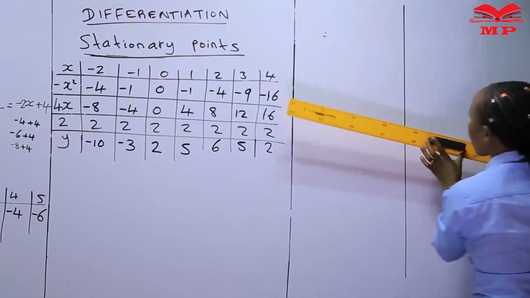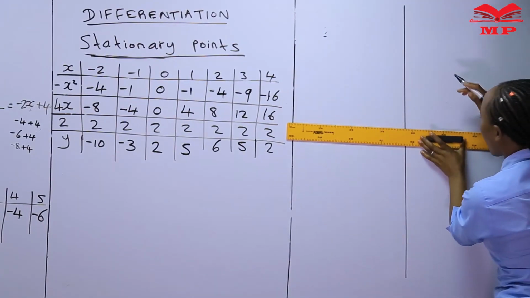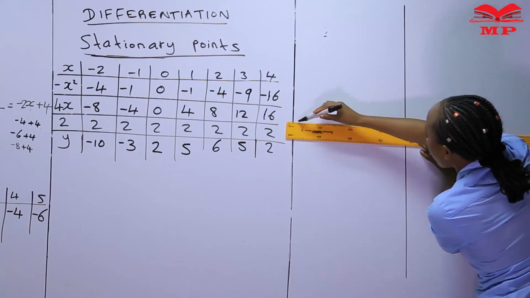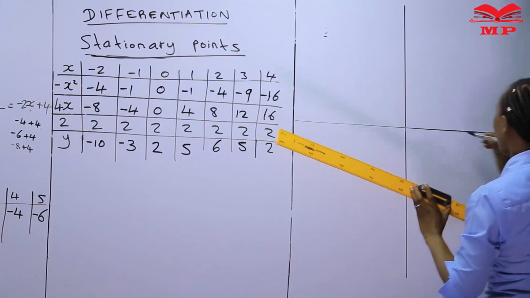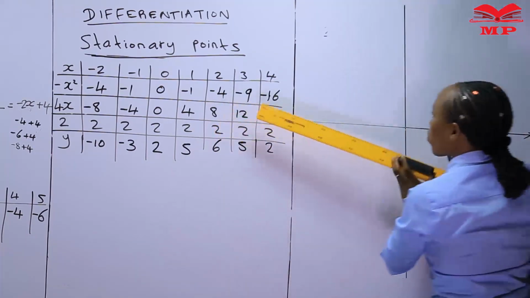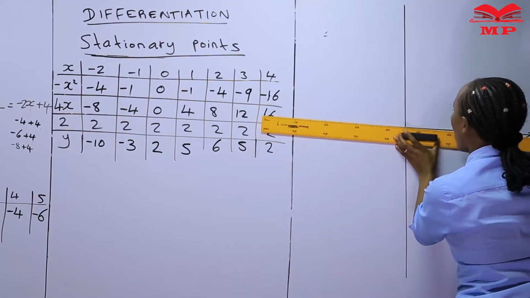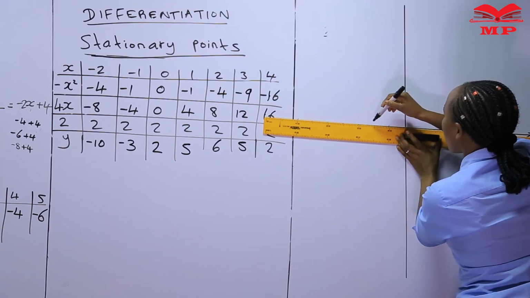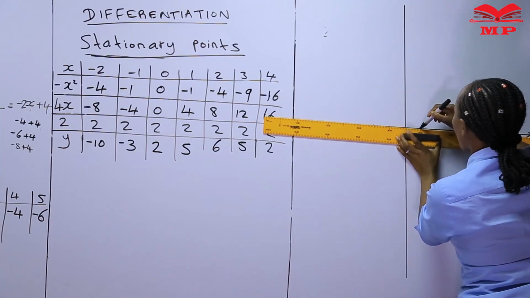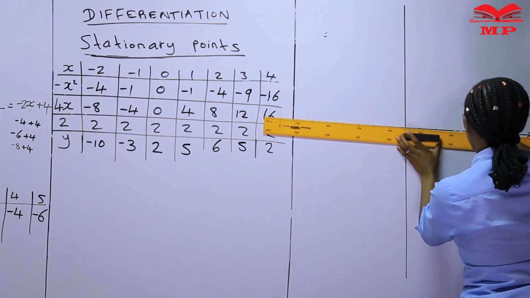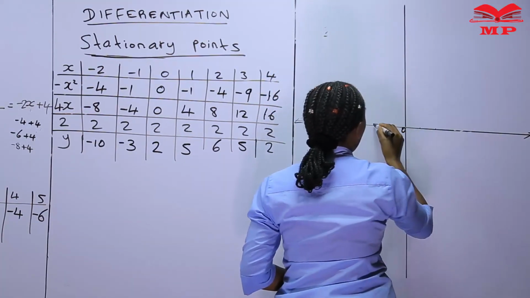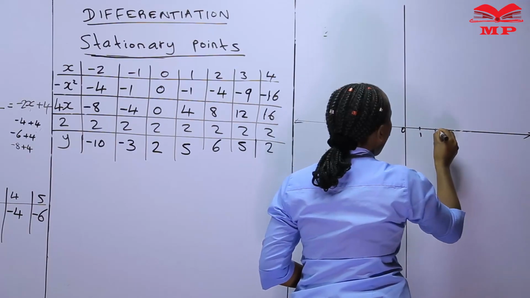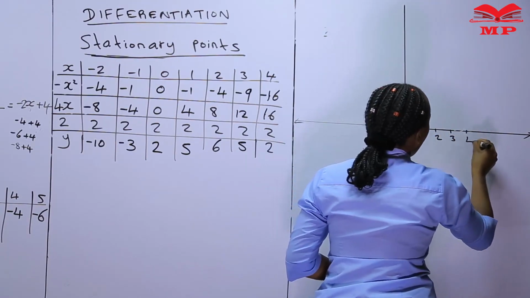That's our y-axis, and then we have our x-axis here. We have from negative 2 to 4. So we have here our 0, negative 1, negative 2, then 1, 2, 3, up to 4.